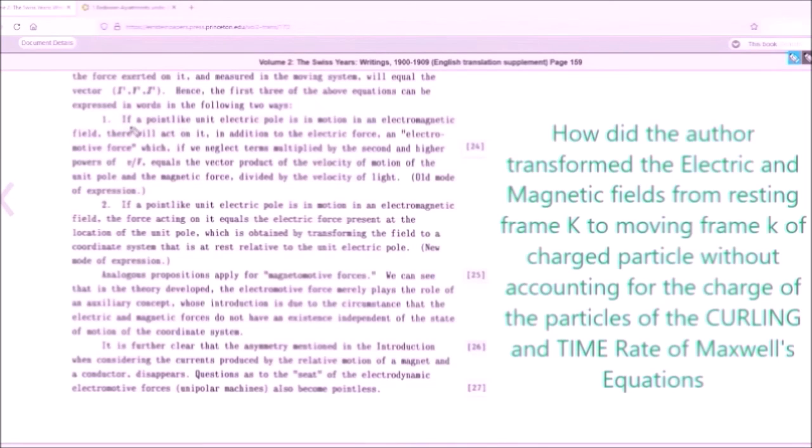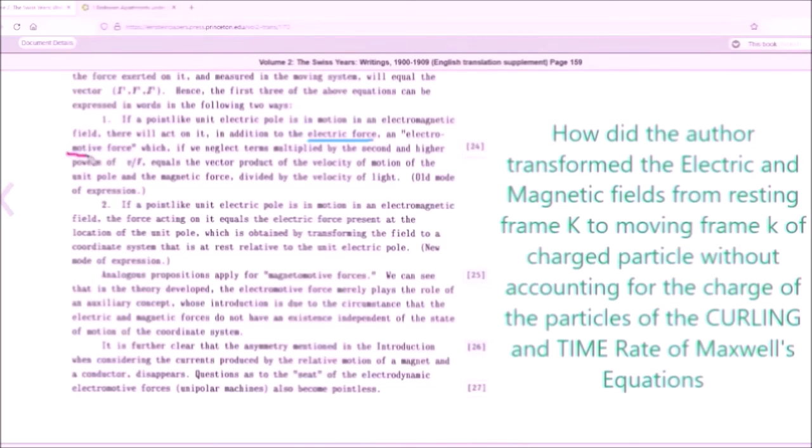One explanation: if a point-like unit electric charge, an electron, is in motion in the electromagnetic field, like an electron moving inside a conductor, there will act on it in addition to the electric force, the electric force that is capital X, capital Y, capital Z, an electromotive force, that is the invention of Einstein.